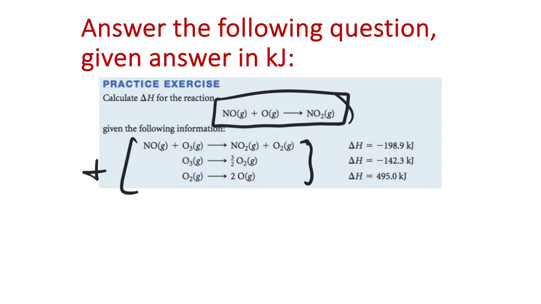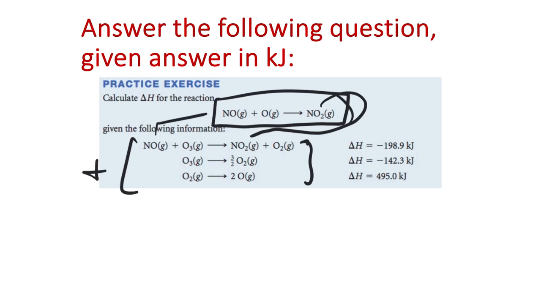Well, what I would probably start to look for is, where are some of the reactants and products? If you notice, the first reaction has the NO2 and the NO, and it's actually in the right direction and in the right quantity.